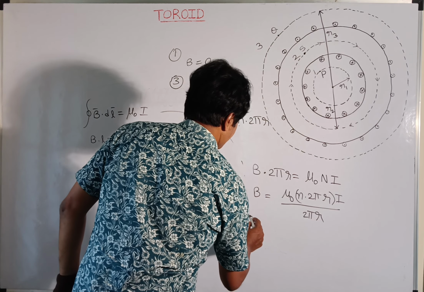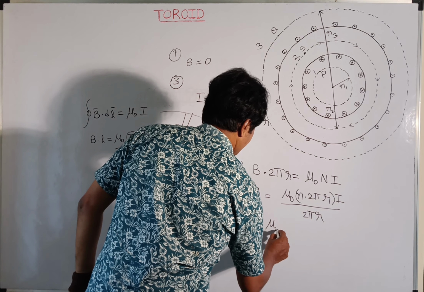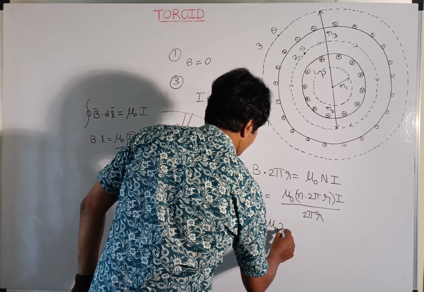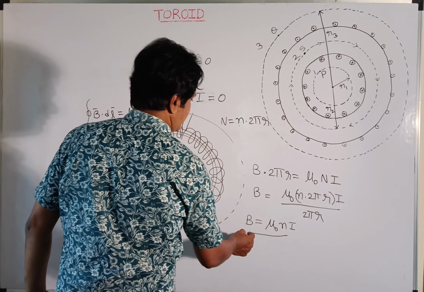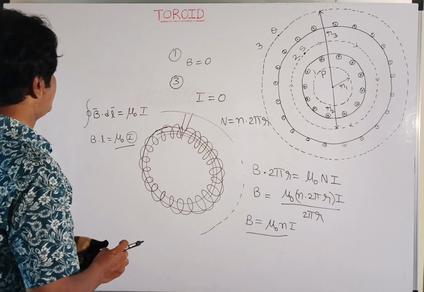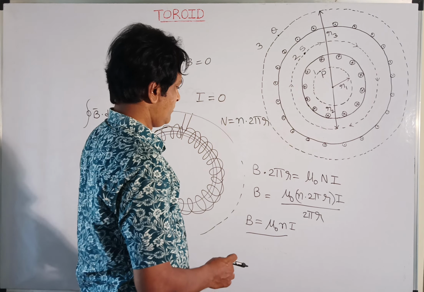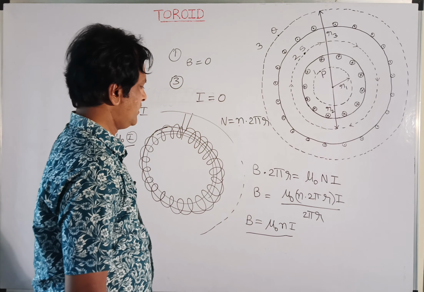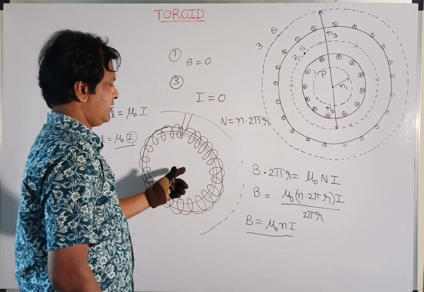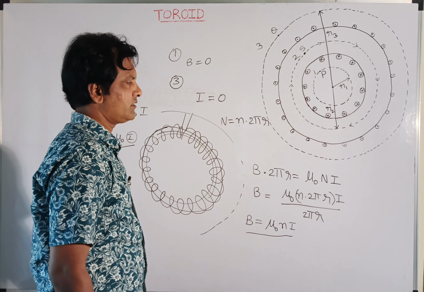So by this we get the magnetic field inside the toroid is nothing but mu naught n I, which is equivalent to the magnetic field due to a solenoid. We also get the same result for the solenoid. So there is some similarity. By calculating the magnetic field, we got the same value as the solenoid.